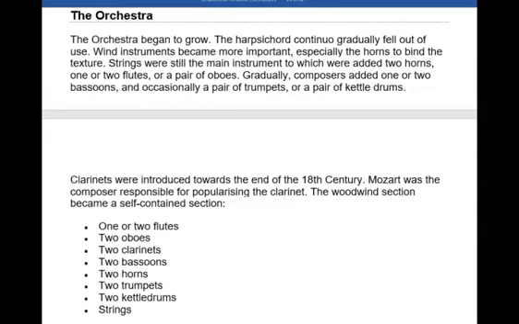The woodwind section became a self-contained section. So the development of the woodwind section was very important in the classical time. And you will see there we had flutes and oboes and clarinets, bassoons. And then for the brass we had 2 horns, 2 trumpets. For the percussion we had 2 kettle drums, and then of course the strings.